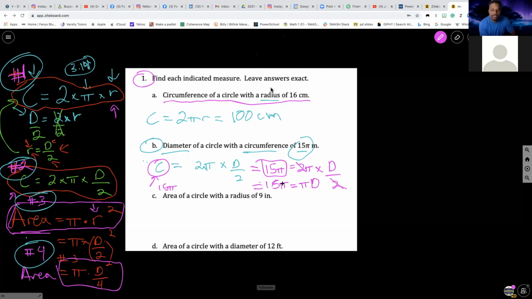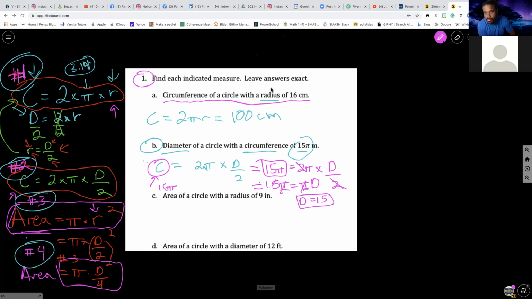All right, and then whenever you have the same sign on both sides of the equal sign, they just cancel. So D equals 15. All right, that makes sense?